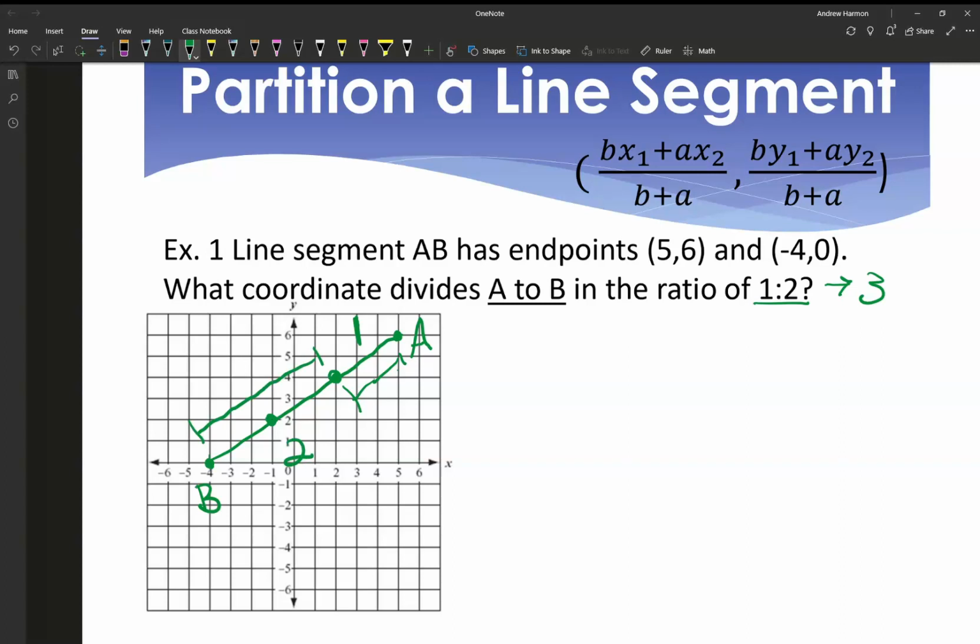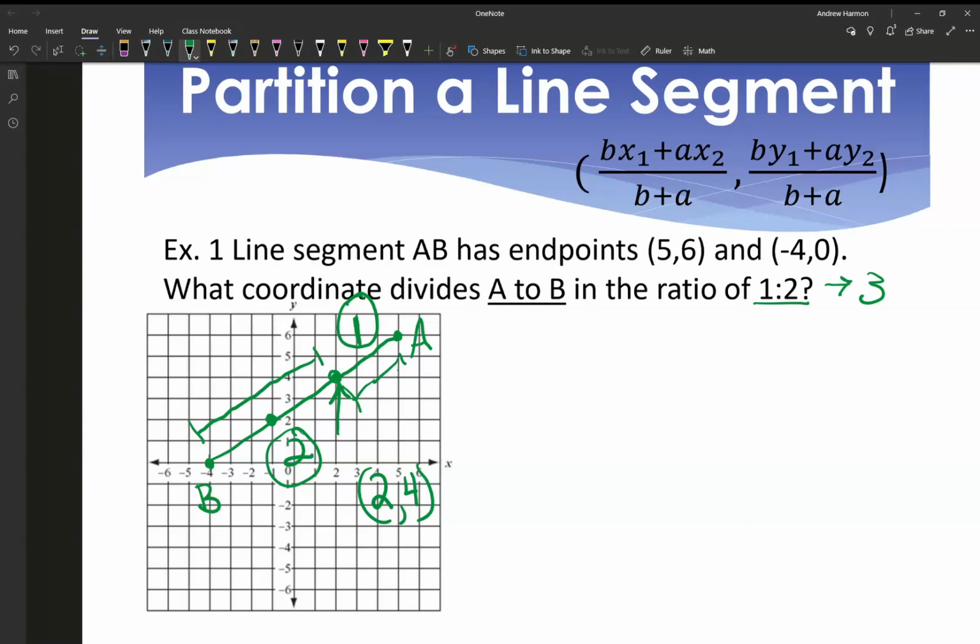So to get that point that cuts this line to a ratio of 1:2, it would be this point right here, or the point (2, 4). So that is what we're looking for. We're looking at that point that breaks this line up into 3 equal parts, and it's broken into a ratio of 1 part to the 2 other parts.